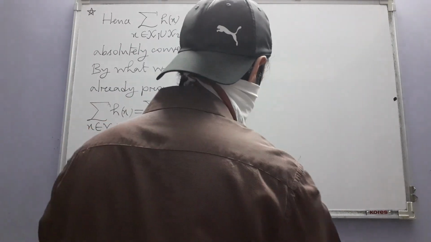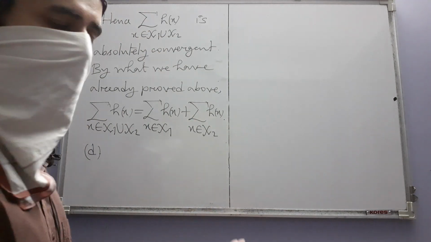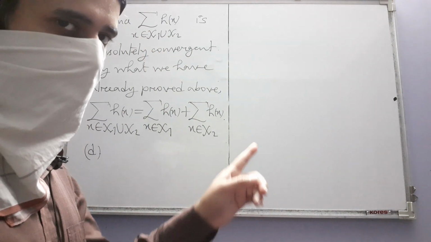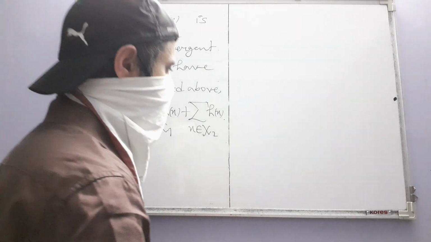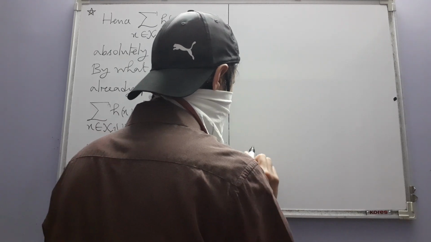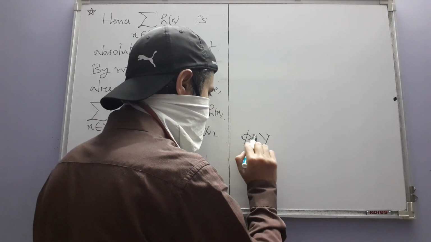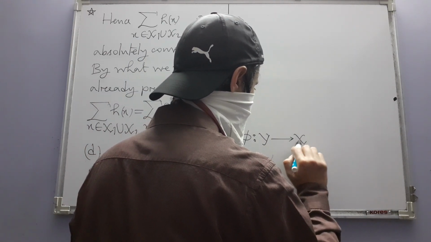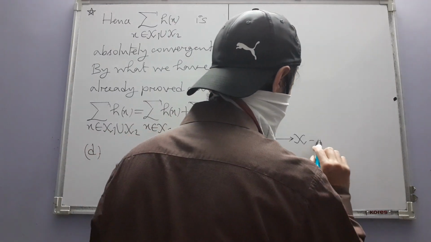In part D, we again go back to the original sum, that is sum of f of x, where x varies over the set capital X, that is given to be absolutely convergent. And now there is another set y, and say we have a function phi from y into x, which is a bijection.